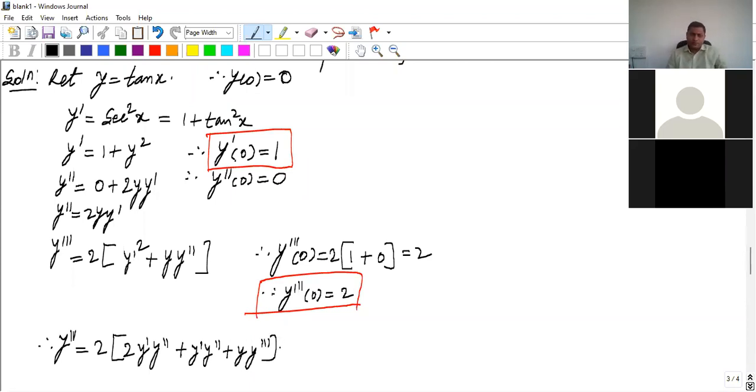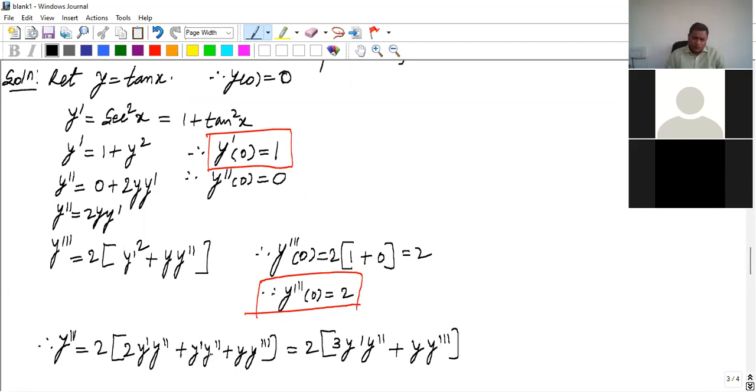Is that okay? Are you getting this? Yes, sir. Now see what we get here: 2 times y dash y double dash, and this is y dash y double dash. So can we write 3 times y dash y double dash plus y y triple dash? Can we write it like this? So this term and this term we have combined.